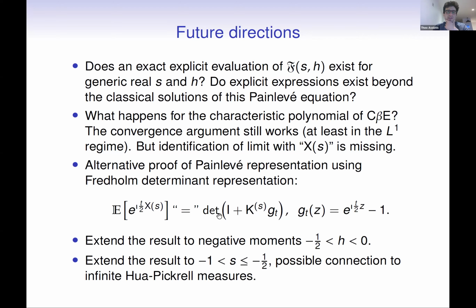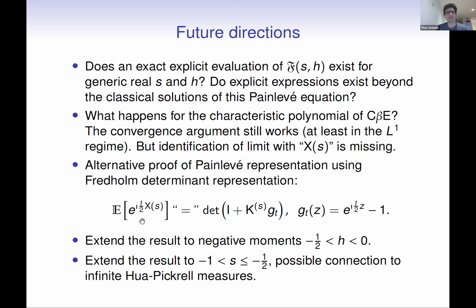We have a determinantal point process, so we have a Fredholm determinant. Of course, this is a principal value sum, so you have to take some limit, but the alternative proof is to prove directly, using Fredholm determinants, that this solves the Painleve equation. That should be possible, but I don't know.